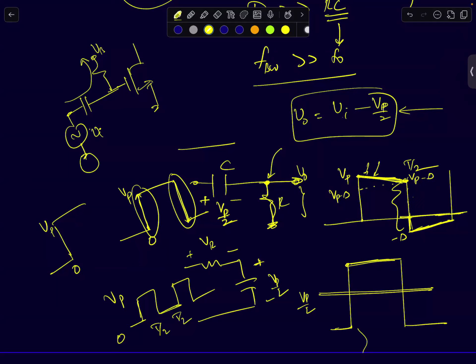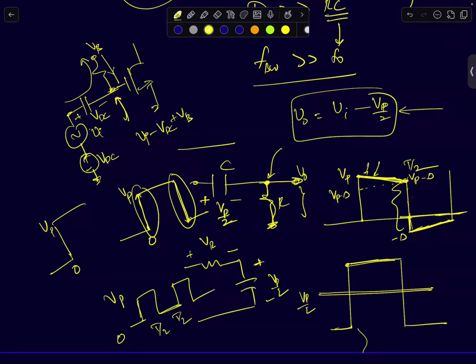Whatever the DC in this input signal, the capacitor will store the DC charge. Let's call this VB the DC voltage. The voltage at this point will be VI minus VDC, plus whatever the DC voltage is at this point, plus VB.